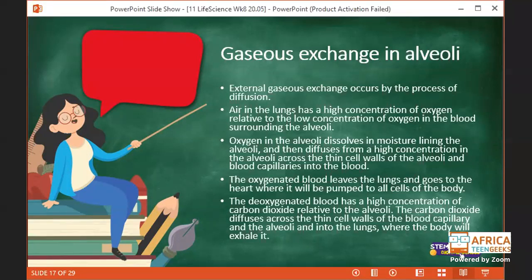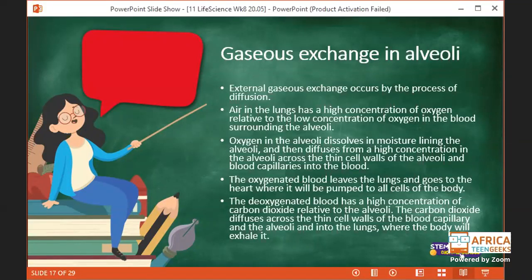Okay. And then oxygen in the alveoli dissolves in the moisture lining the alveoli, and then diffuses from high concentration in the alveoli across the thin cell walls of the alveoli and blood capillaries into the blood. All right. Then the oxygenated blood leaves the lungs and goes to the heart, where it will be pumped to all the cells of the body.